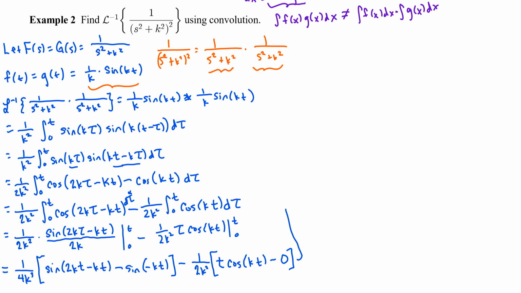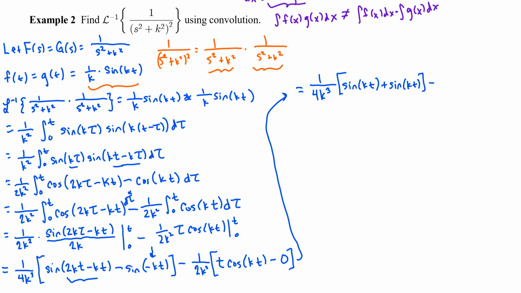Okay, moving on up here. Working on our simplification, we have 1 over 4k cubed. Notice the argument here, 2kt minus kt. That just gives me sine of kt. And remembering that sine is an odd function, sine of negative x equals negative sine of x, right? We can simplify that to be plus sine of kt.